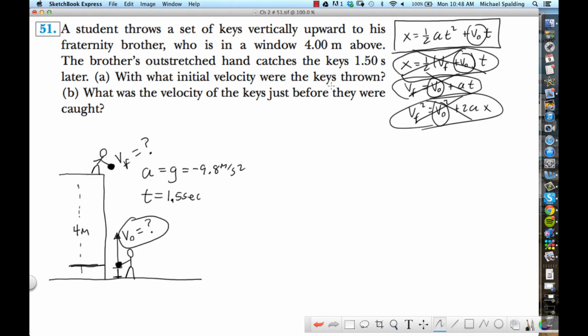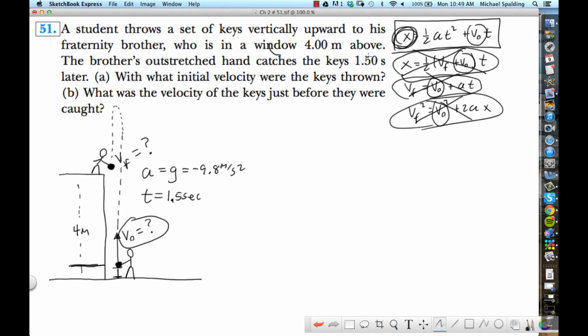Okay? Now I want to kind of spoil the ending for you. I calculated ahead of time what's going to happen here. I figured out that these keys are going to go up, past the dude, then back down. And I'll show you why later. The keys are going to go up and back down again. Remember, this X right here is a what? A displacement.